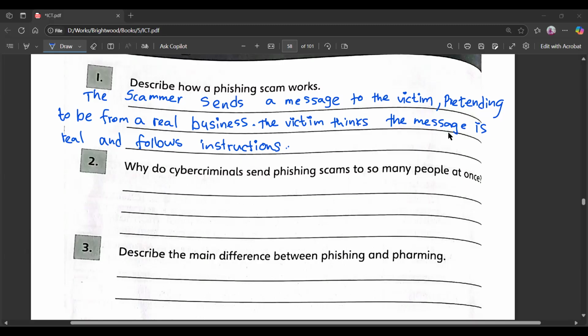So normally phishing scams are sent to many people at once.